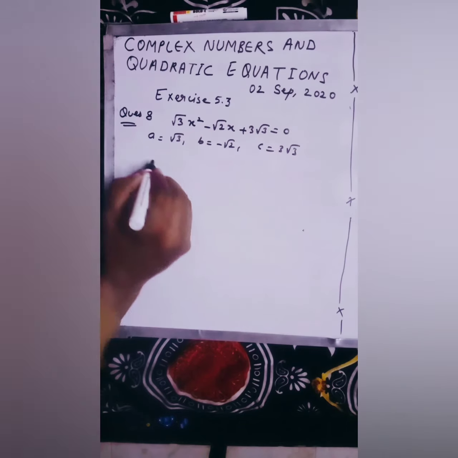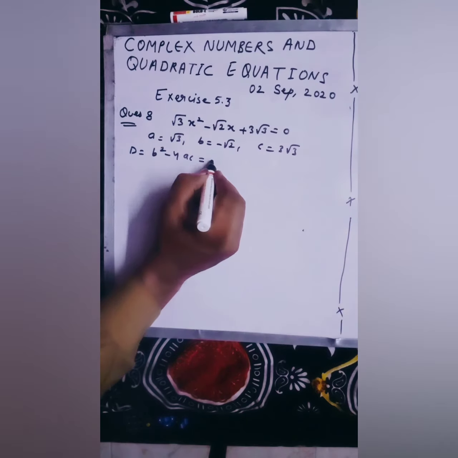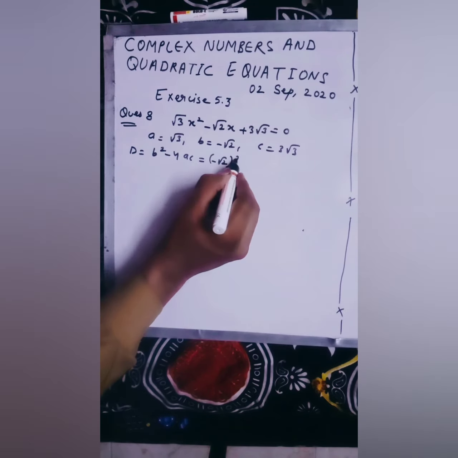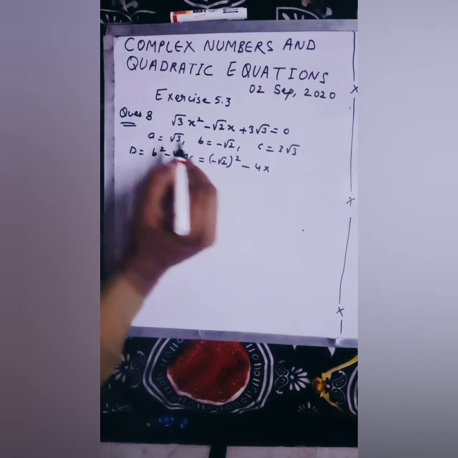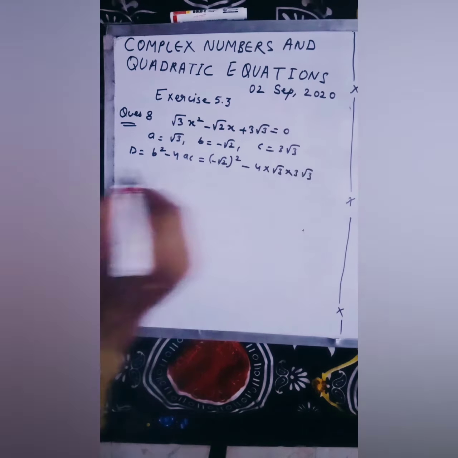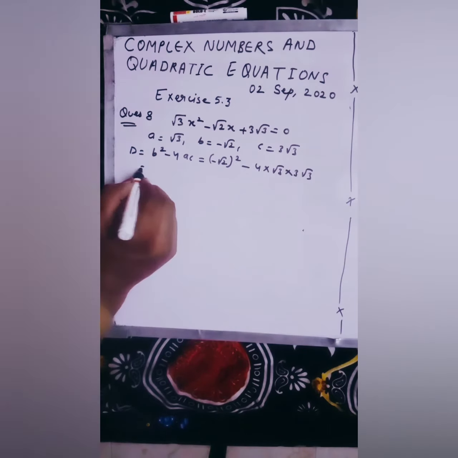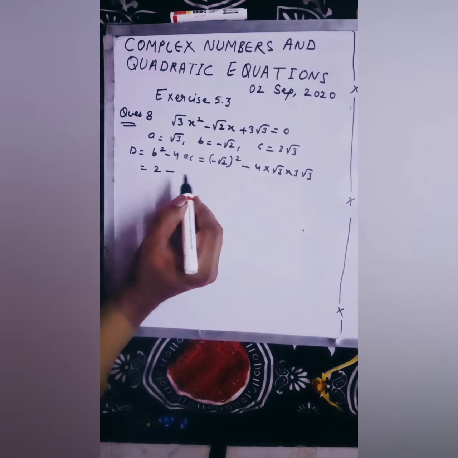So first of all we will find out d. Your d is b square minus 4ac. That means your b is minus root 2, the square of this, minus 4 into a. Your a is root 3 and your c is 3 root 3. This will be 2, and here you will get a negative sign.